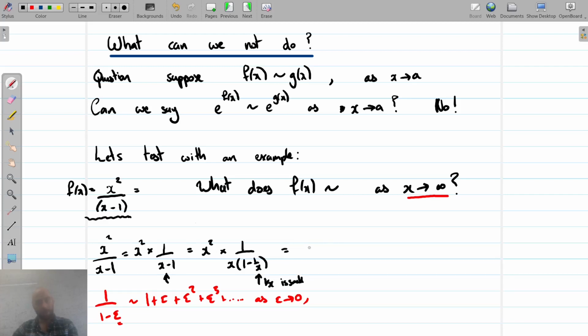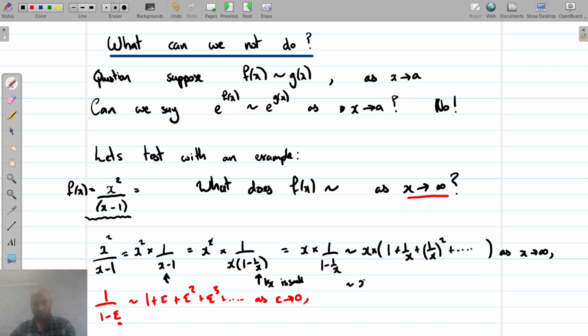So we can neaten this up a little bit. So I've got x times, that cancels with that, 1 over 1 minus 1 over x, and this twiddles x times, because we can multiply asymptotic series expansions, in this case my epsilon is 1 over x, so this lot just twiddles 1 plus 1 over x plus 1 over x squared, etc., as x tends to infinity.